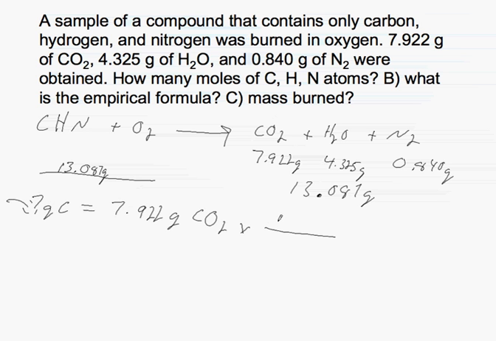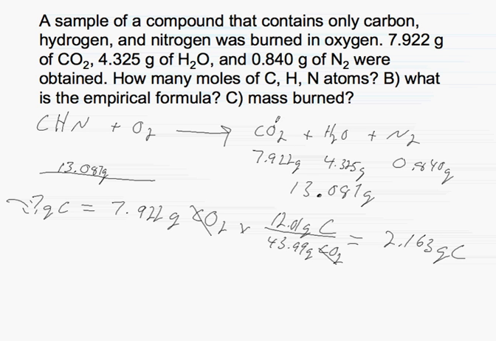We know that for every 12.01 grams of carbon we are going to have 43.99 grams of CO2. Grams of CO2 cancel out, and our answer is given to us in carbon. So we have 2.163 grams of carbon.